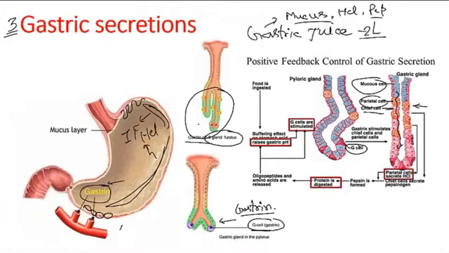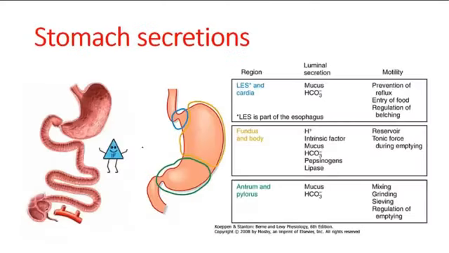Although most of the secretions are made from the stomach cells and the gastric pit and gland that is formed inside the stomach, we still keep another slide for explaining the stomach secretions and some examples of that as well. Normally, we know that stomach produces mucus, HCl, intrinsic factors and so on.